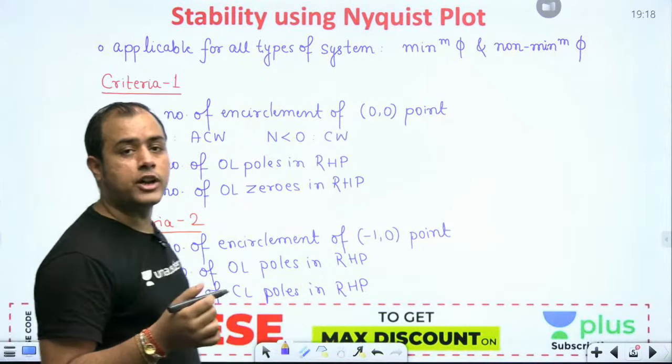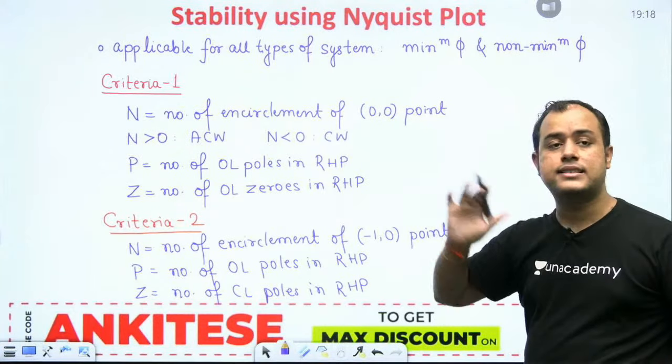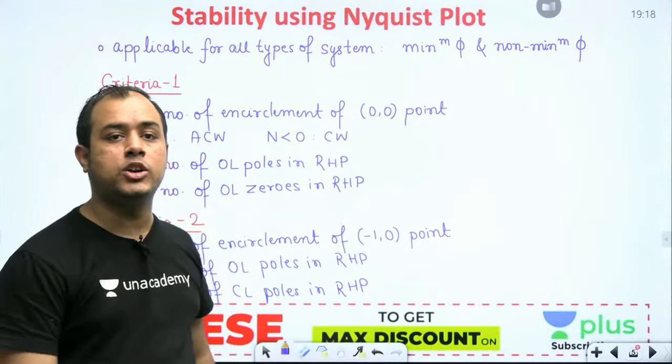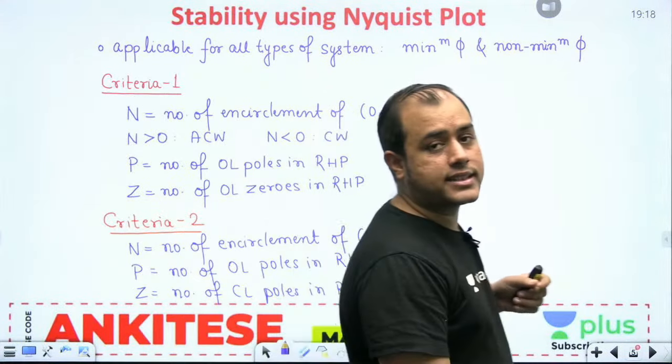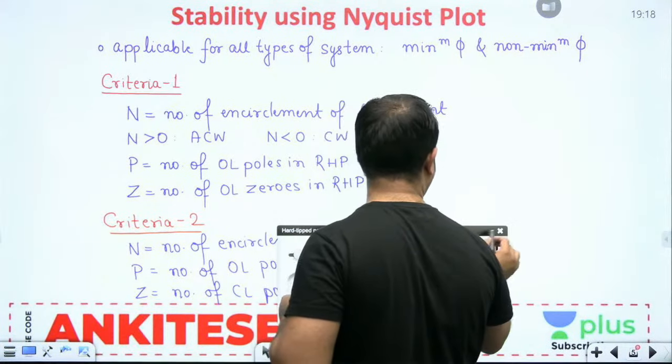Both the plots are for G(s)H(s) only, but by means of the origin you are checking the stability of the open loop system, and by means of the -1, 0 point you are checking the stability of the closed loop system.